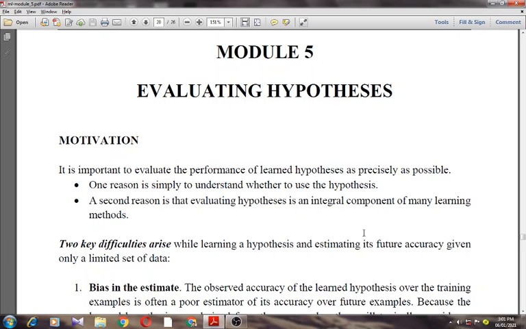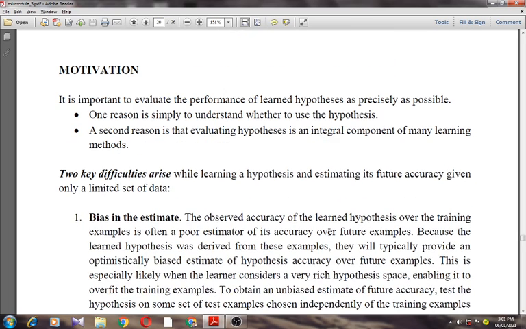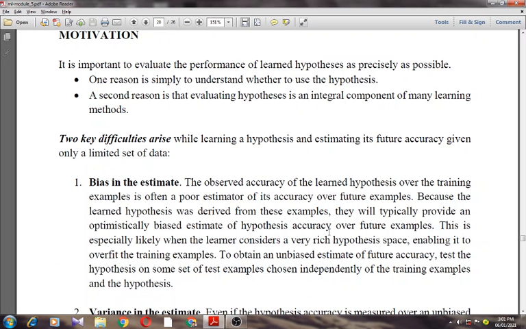Estimating the accuracy of a hypothesis is relatively straightforward when the data is plentiful. However, when we must learn a hypothesis and estimate its future accuracy given only a limited set of data, there are two key difficulties that may arise. One is a bias in the estimate.